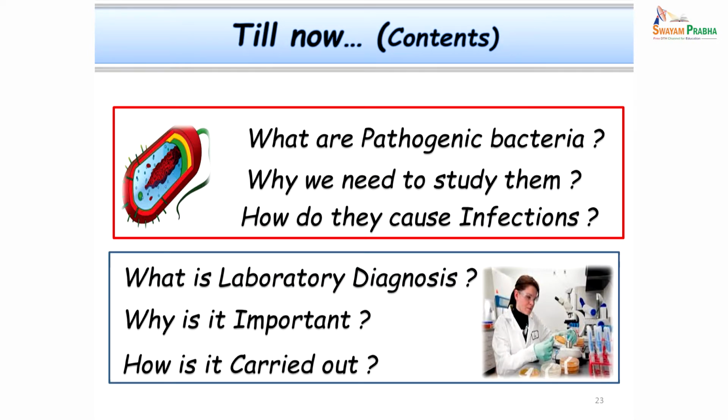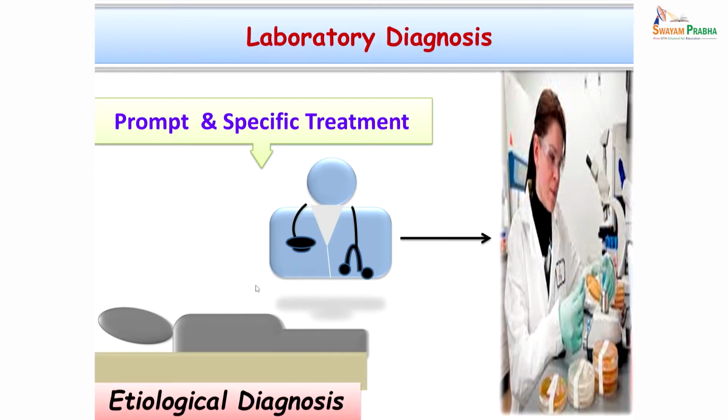So, till now we have answered the first 3 questions related to the bacteria. The next thing that is important here is how do we hit the diagnosis of infectious diseases in the laboratory. So, we will start answering the next few questions. The laboratory diagnosis means whenever we come across a patient, the physician makes a clinical diagnosis based on the clinical signs and symptoms.